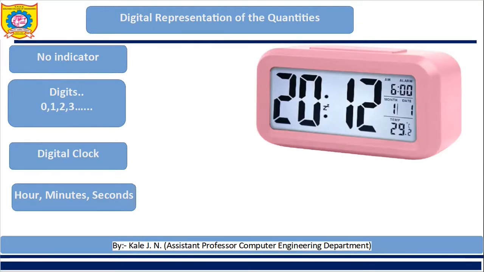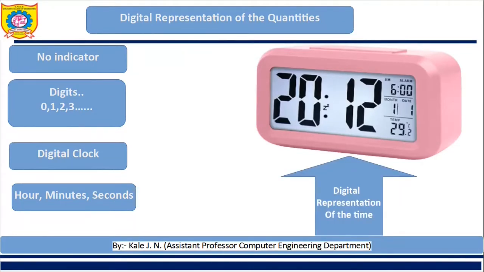The time of the day changes continuously, but the digital clock reading does not change continuously. It changes in steps of 1 per minute or per second. So when 1 second is completed, some digit in the digital clock changes, or when 1 minute is completed, then the corresponding digit present in the digital clock changes.